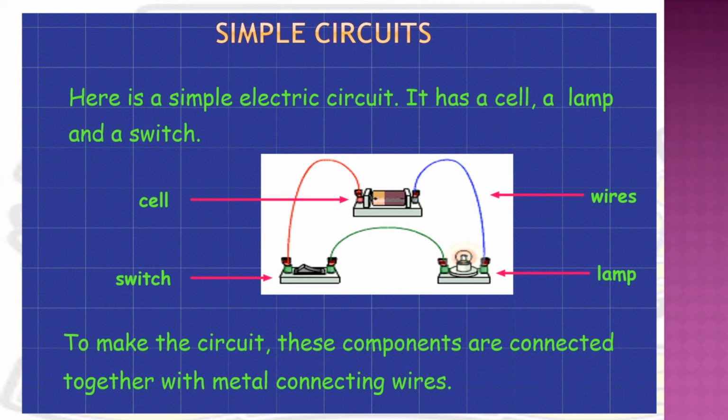So here is a simple electric circuit in front of you. It has a cell, a lamp, and a switch. The labelled diagram you can see here. And to make the circuit, these components are connected together with metal connecting wires.